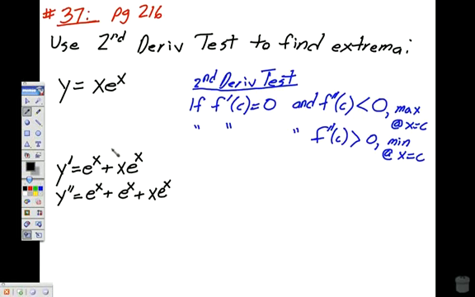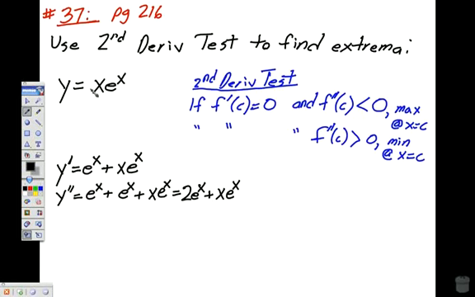Use the product rule to get to the first derivative, then the second derivative. This e to the x just became an e to the x. This x times e to the x broke apart according to the product rule again into those two terms. This can be simplified into 2 e to the x plus x e to the x.